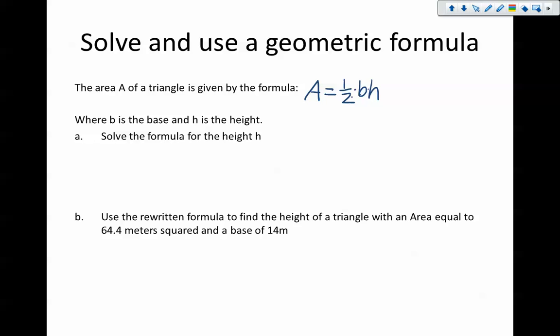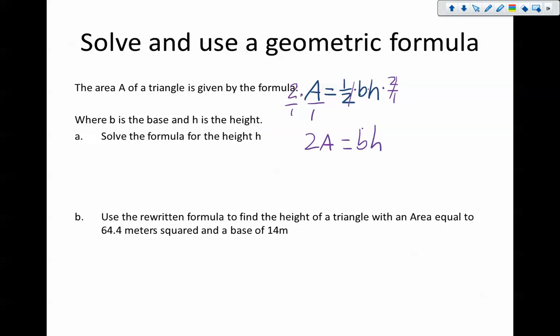We learned in a previous lesson that when we're multiplying a fraction there, the best way to get rid of it is to multiply by the reciprocal. So I'm going to multiply by the reciprocal of 1/2, which is 2 over 1, right? And so I get 2 over 1 times a over 1, which is 2a, equals, and then the 1/2 cancels with the 2. So I have 2a equals bh.